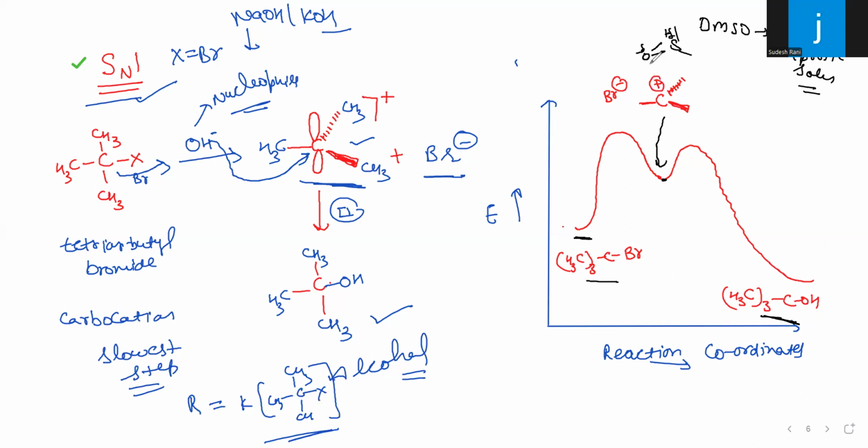The oxygen atom from DMSO will stabilize this carbocation, so it lowers the energy of the intermediate. Clear? So this Br negative counter ion is not stabilized here in case of DMSO. If we consider another case in which we use polar solvents such as water, then what happens in that case? Here I am taking the example of water.